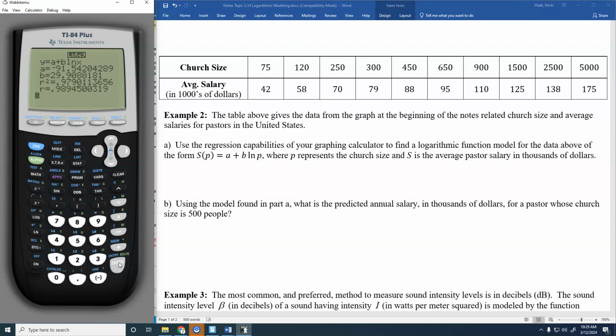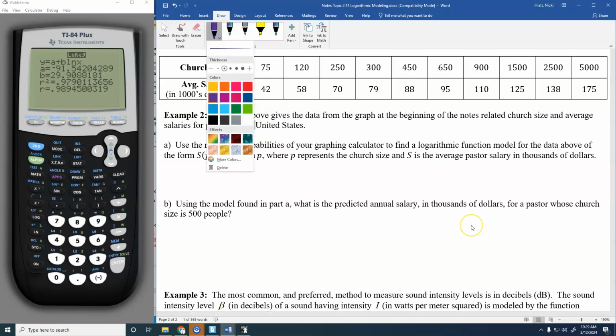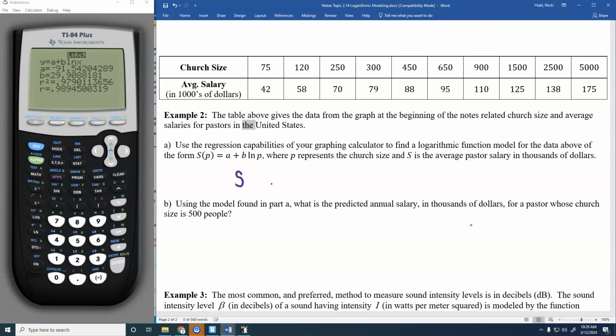Okay. So it says we are supposed to find a logarithmic equation model for the data above of this form, where P represents the church size and S is the average pastor salary in thousands of dollars. So doing this, whenever they do this, use the variables that they use.